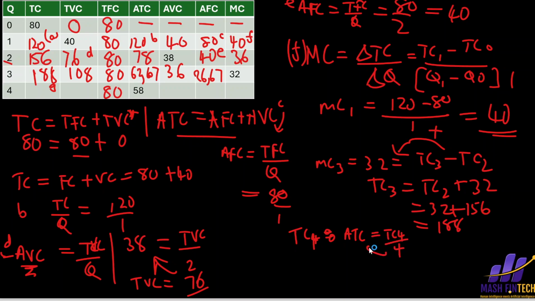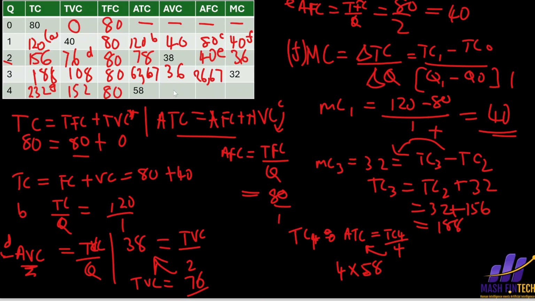So we cross multiply. We are going to have 4 multiplied by the average total cost of 58. If you multiply 4 by 58, you must get a total cost of 232. And then 232 minus 80 must give you 152.